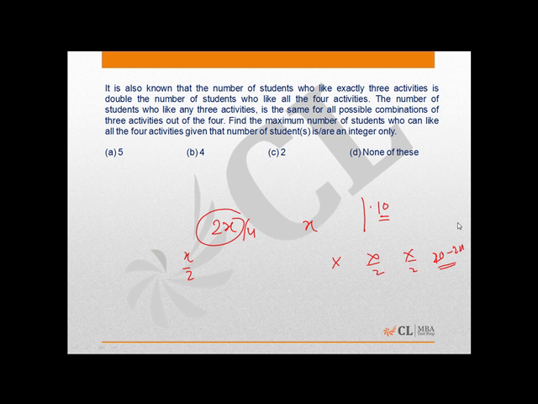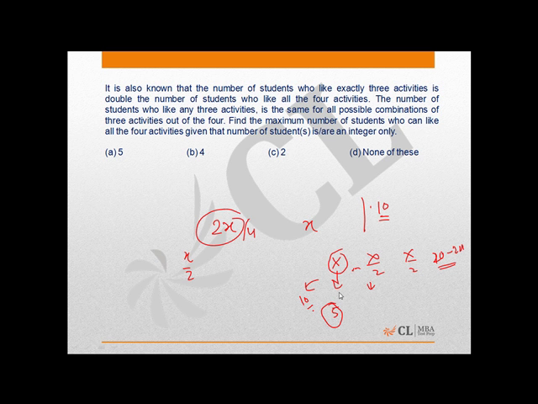And we know that x by 2 and x are integers, and it can also be noted that value of x cannot be more than half of 10, which means it has to be 5 or less.